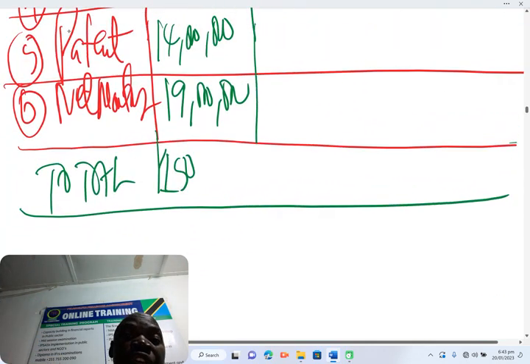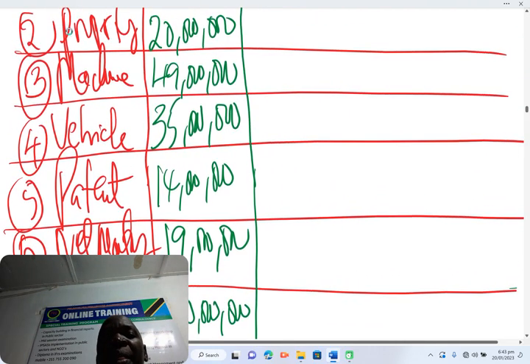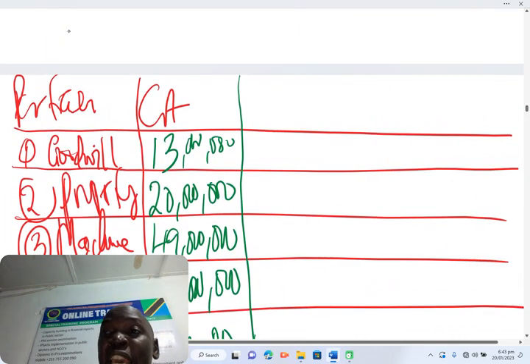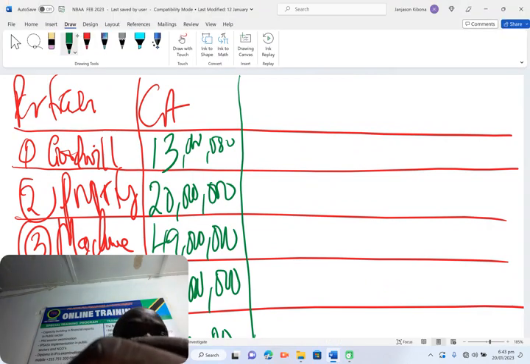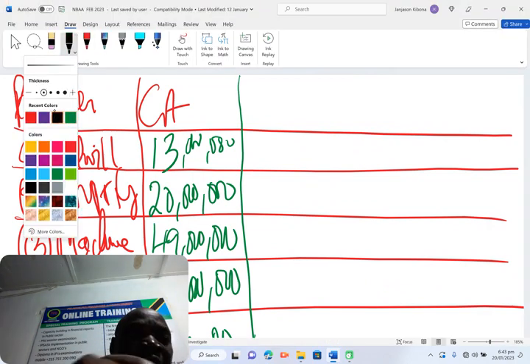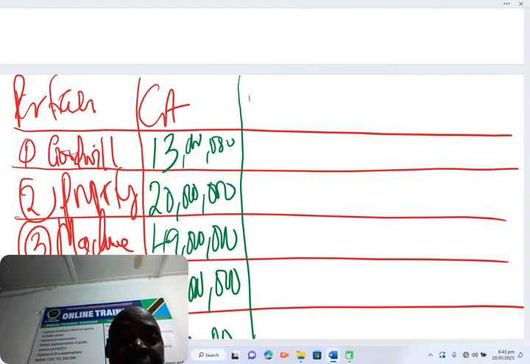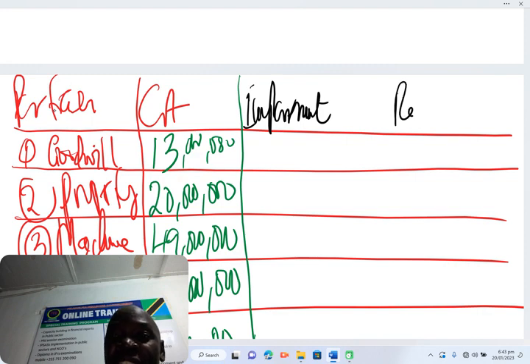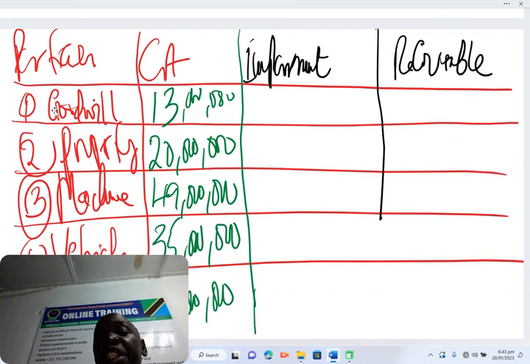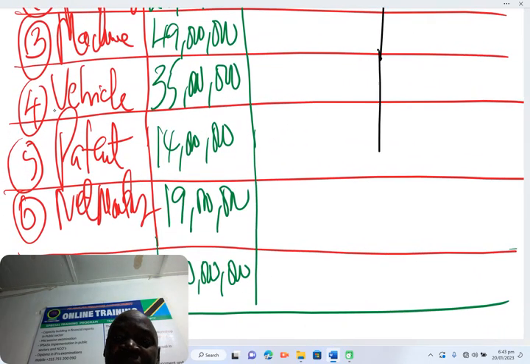You draw a demarcation here. So what we are assessing is a component of impairment, and lastly, a component of recoverable amount in million shillings. Am I clear?